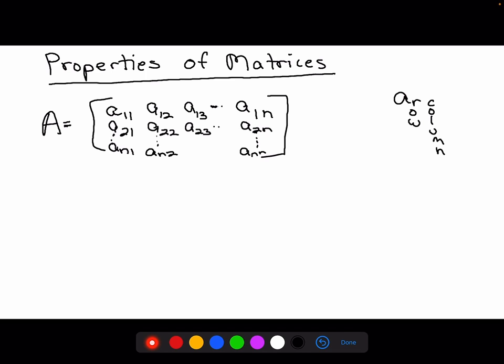Now, we'll often also use capital letters to name the matrix, like I used a capital A there. Now, a square matrix is an n by n matrix where the number of rows and number of columns are equal.